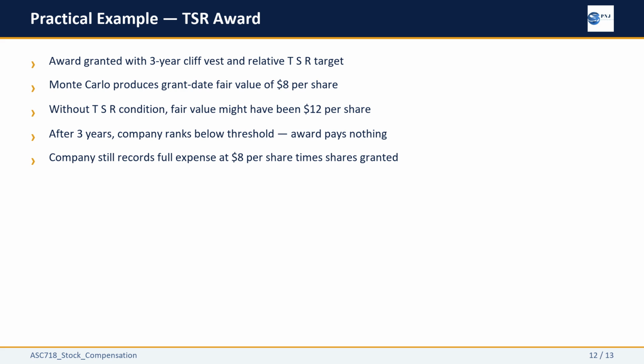Despite that outcome, the company records the full 3 years of compensation expense at $8 per share times the number of shares originally granted. The lower fair value is the mechanism that accounts for the missed target, not a reversal of expense.